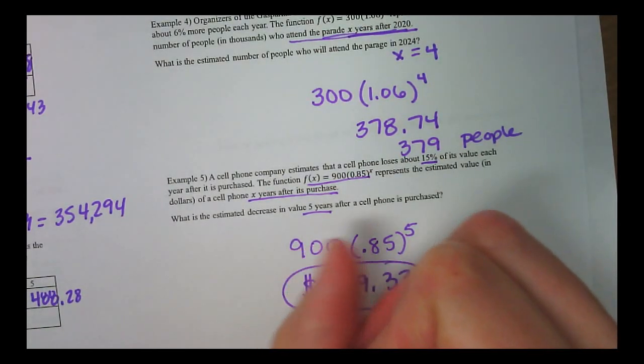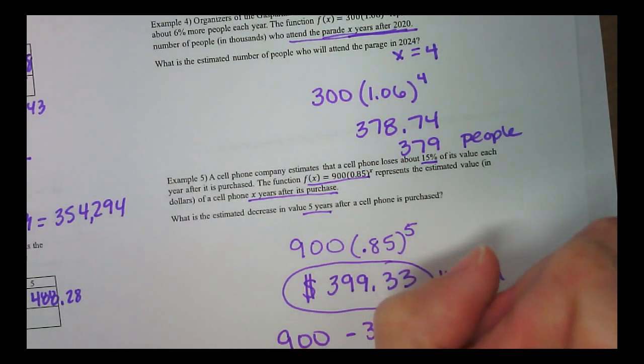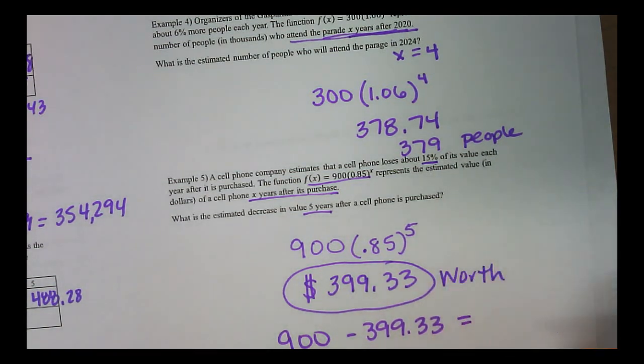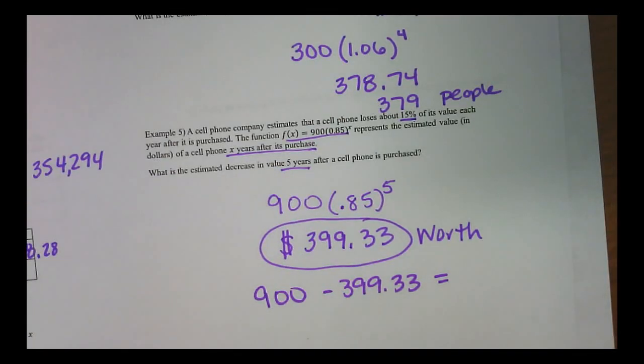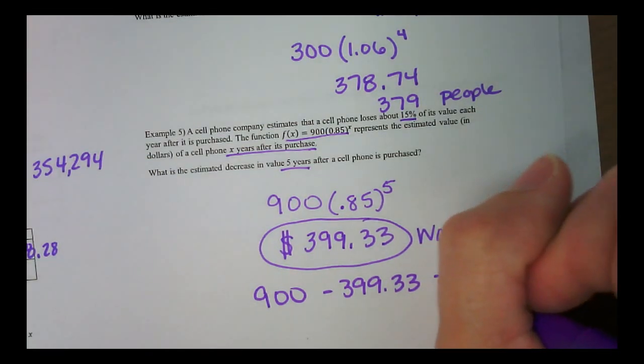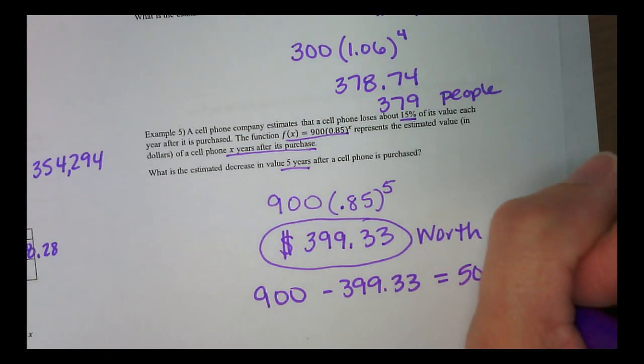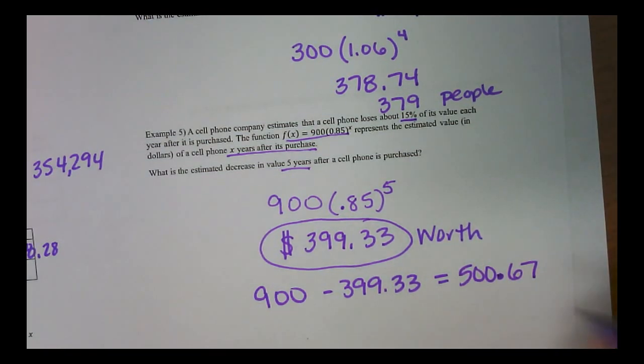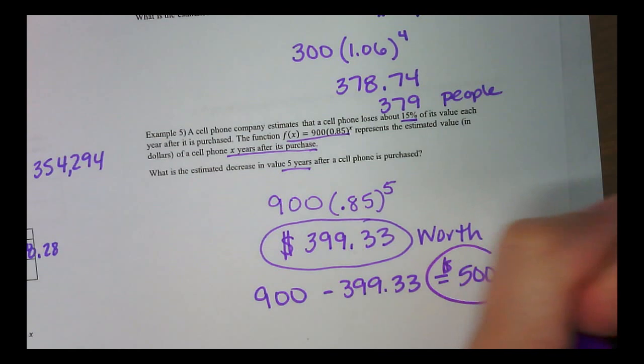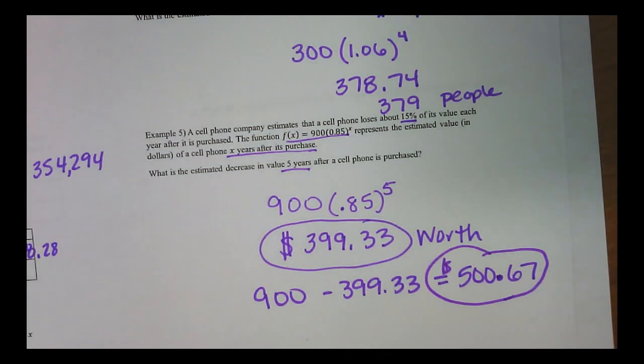It started at 900. So I'm going to subtract the original minus what it's worth now. So it decreased by $500.67. That is my final answer because it's a decrease in value.